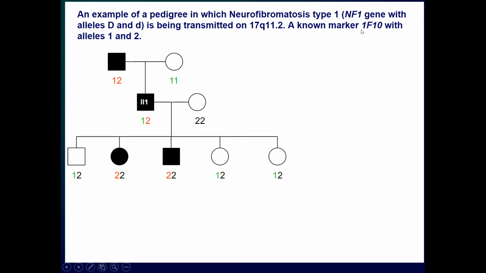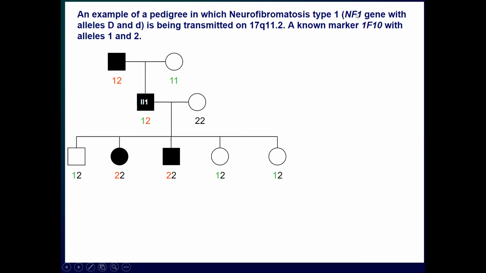The marker's ID is IF10, and this is the marker that was identified in the linkage region that helped to identify the NF1 gene, the gene responsible for neurofibromatosis type 1. The marker and obviously the gene are located on the Q arm of chromosome 17.